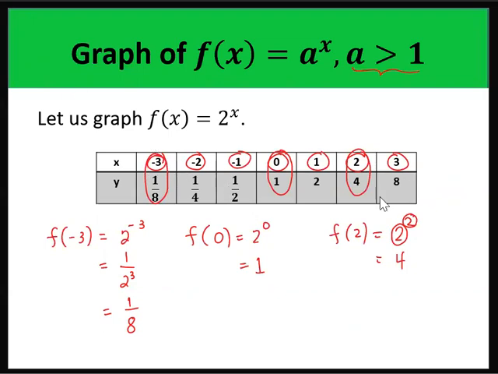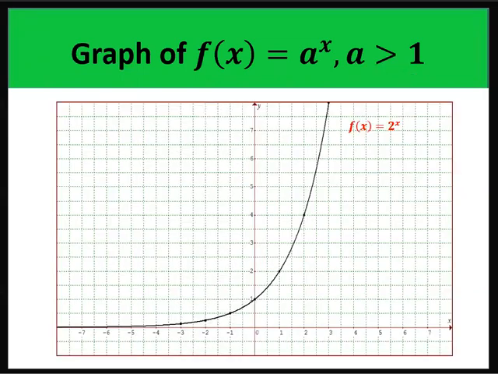Now, if we plot all these ordered pairs on the Cartesian plane, we get the following graph. When x is equal to negative 3, we have y equals 1 over 8. When x is equal to negative 2, y is equal to 1 fourth. When x is equal to negative 1, y is equal to 1 half. When x is equal to 0, y is equal to 1.